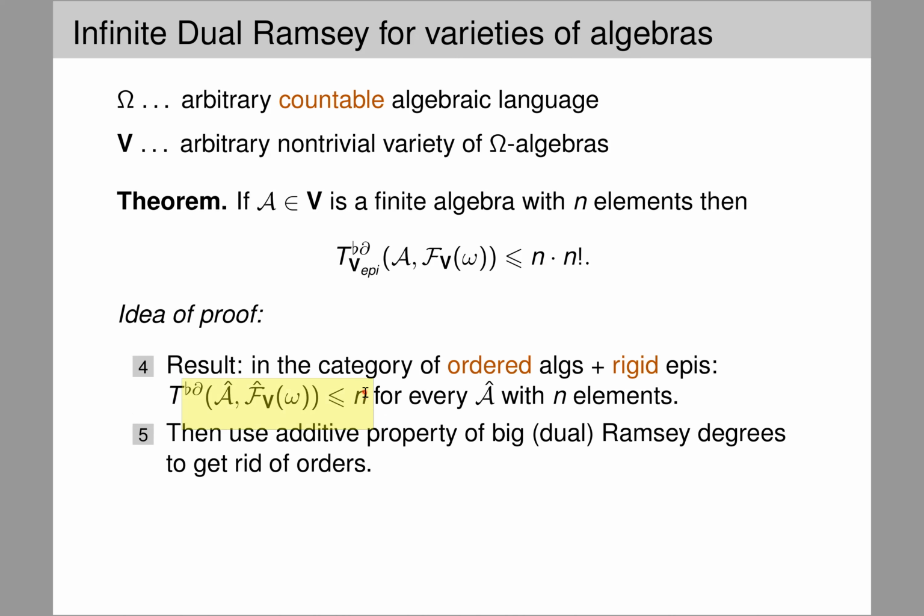And then performing a similar arithmetic enables us to go from big Ramsey degrees on ordered algebras to big Ramsey degrees on unordered algebras, which is actually what we want. So there are many technical steps, but this is basically the idea.